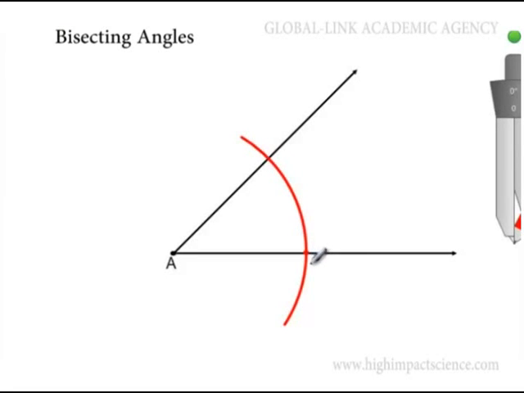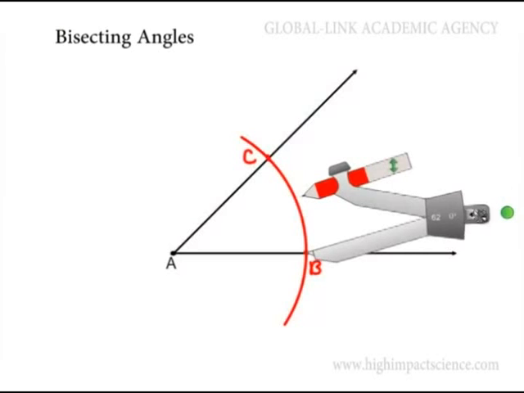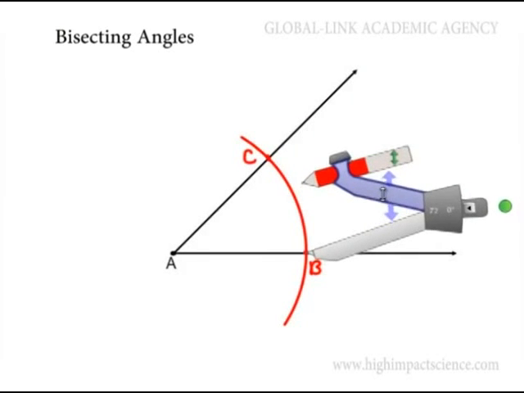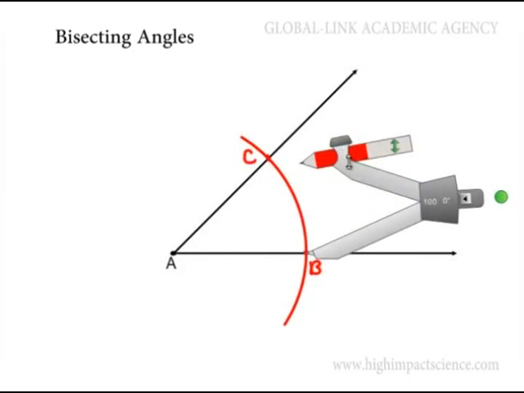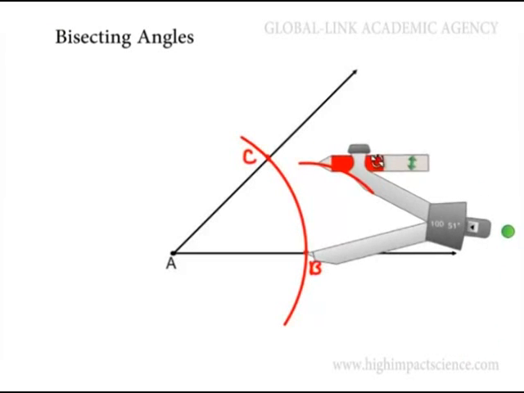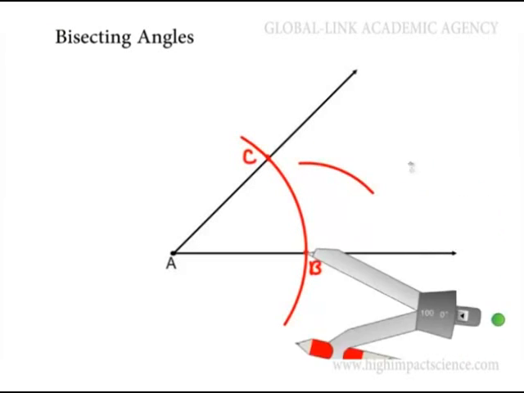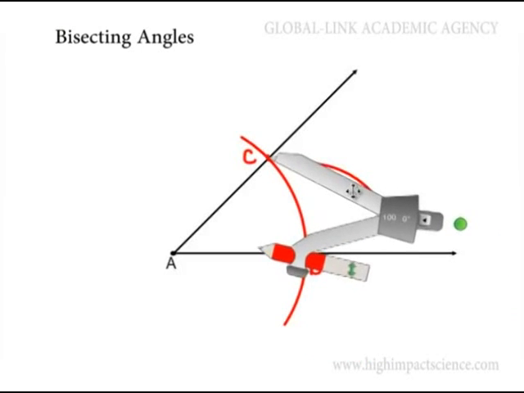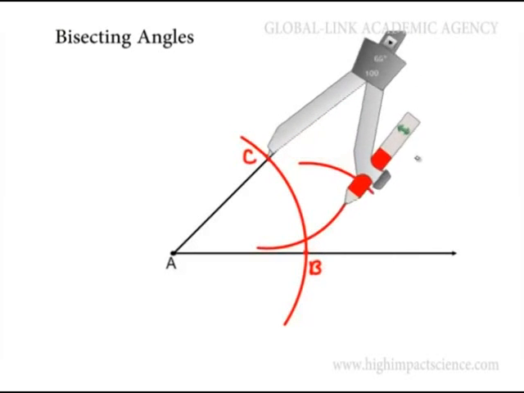You can label the intersection points B and C. Next, open the compass and place it at B, and then mark an arc here. Using that same radius, put the compass at C and mark another arc.